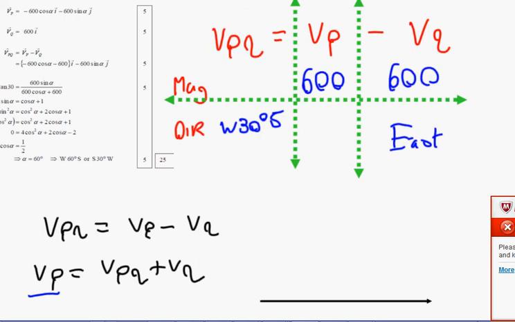Now, I have to start off phi P, okay? And phi PQ is going west 30 degrees south. So phi PQ would be going this way here, and then I can draw phi P all the way up. I reckon phi P is going to be the fastest here. Okay, so let's just check this out for a minute.